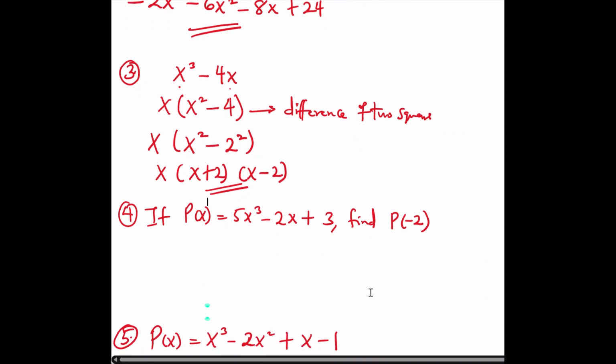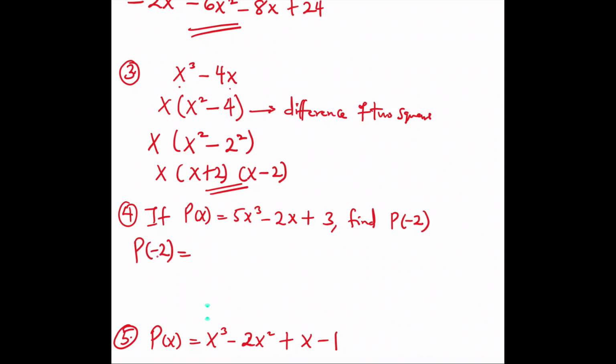So another question says, if p of x is equal to 5x raised to power 3 minus 2x plus 3, find p of minus 2. So p of minus 2 will be equal to, we're going to substitute minus 2 into x. So that'll be 5 into minus 2 raised to power 3 minus 2 into minus 2 plus 3.